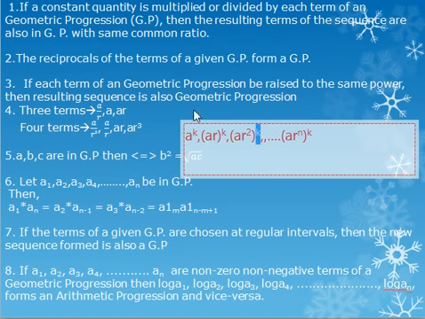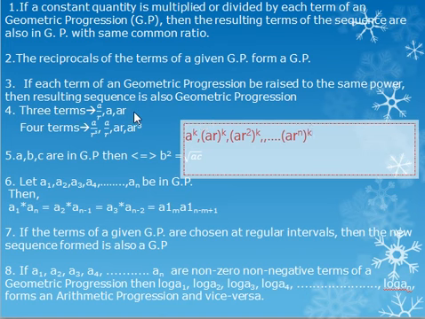So this is our geometric progression after being raised to the power k. And if I divide ar to the power of k by a to the power of k, I am going to get the common ratio as r to the power of k. Similarly, if I divide the third term by the second term, I'm going to get r to the power of k. So it will also be a geometric progression, but the common ratio will be r to the power of k.